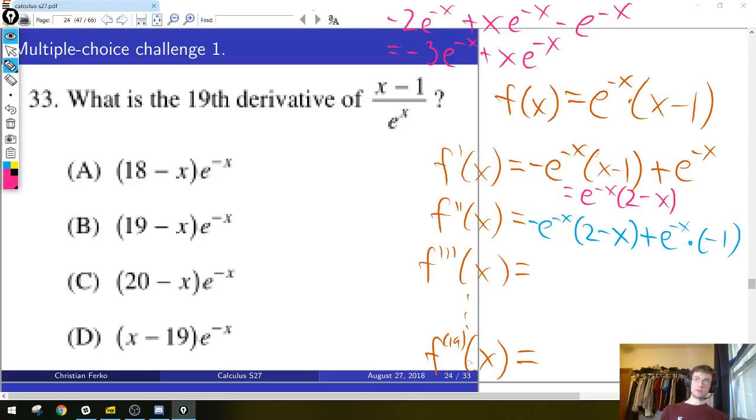And now you factor out the e to the minus x. So this is e to the minus x times minus 3 plus x, or if you prefer, x minus 3. Sorry, we're getting a little crowded here. Okay. Are those steps satisfactory? Yes. Okay. Then let me erase it to make more room.